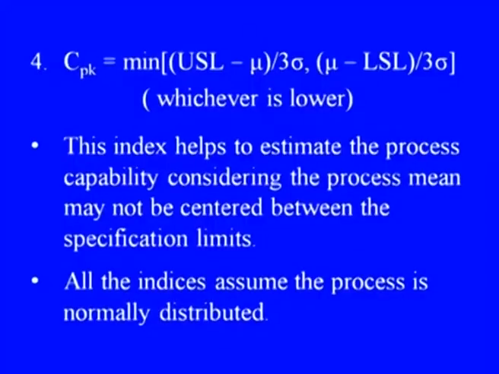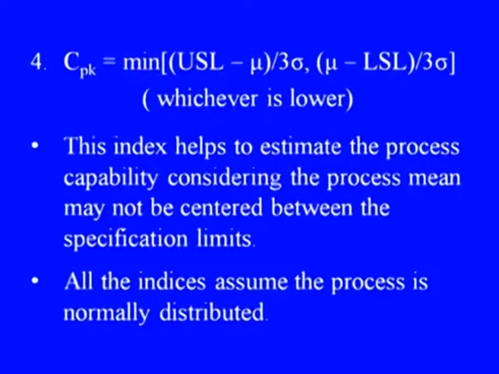And the fourth index is Cpk, which is defined as the minimum of upper specification limit minus mu divided by 3 sigma and mu minus lower specification limit divided by 3 sigma.